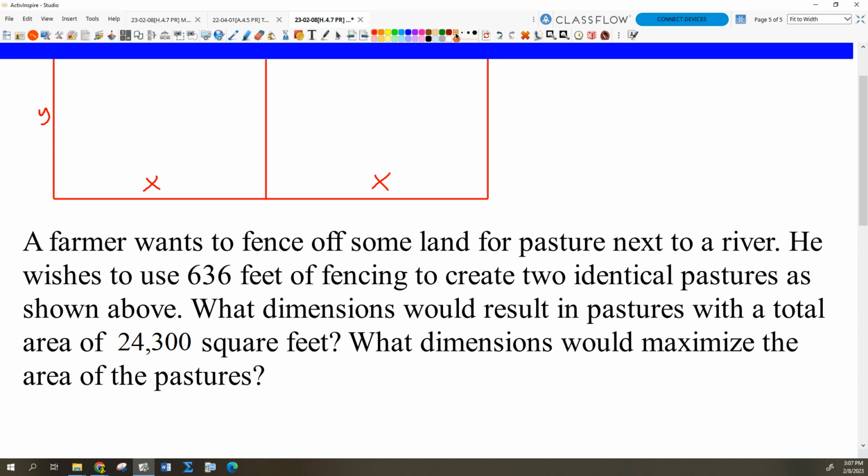I'm just talking about a general area function for these pastures based on the values I choose for x and y. What would the area of all the pasture land combined be? It's 2x times y, isn't it? It's just going to be the length of the entire area that we're using times the width. Length times width gives me the area of that big rectangle.